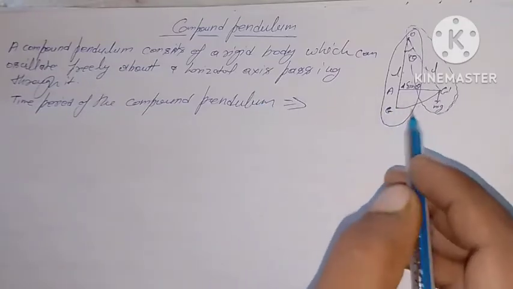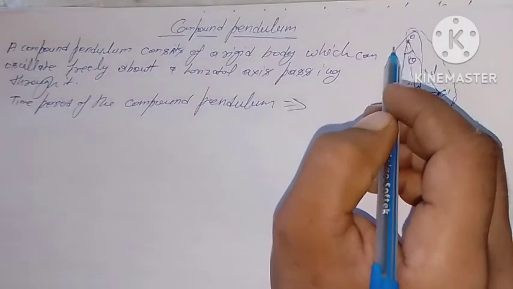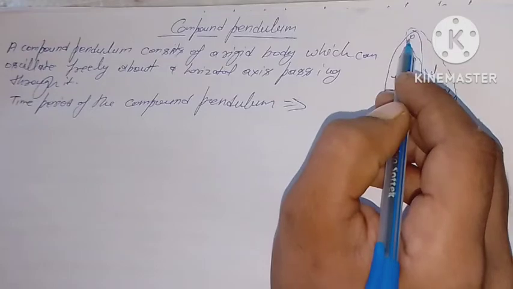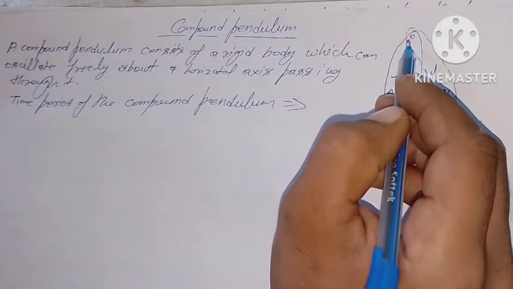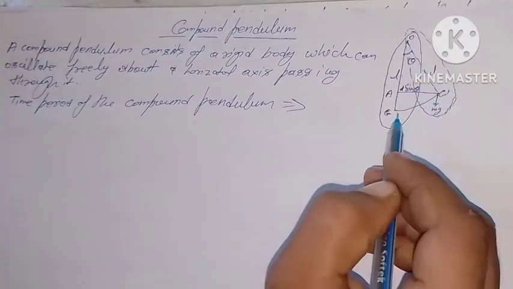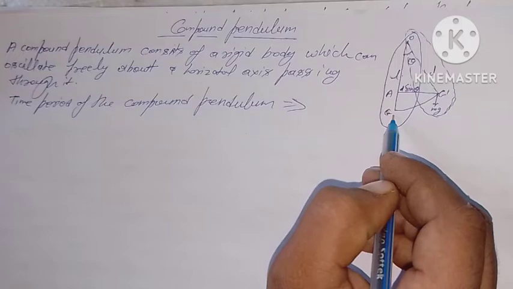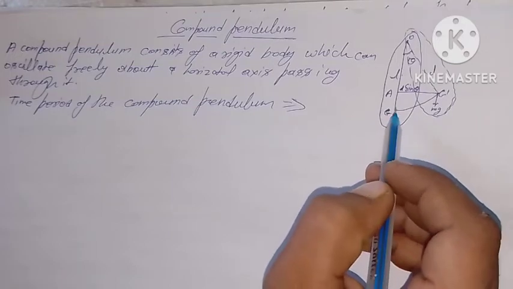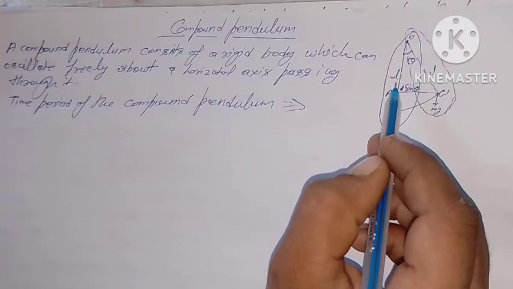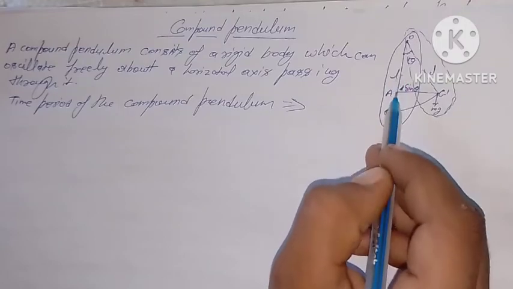Let O be the center of suspension of the body, and G is the center of gravity, vertically below O at a distance l in the position of rest.